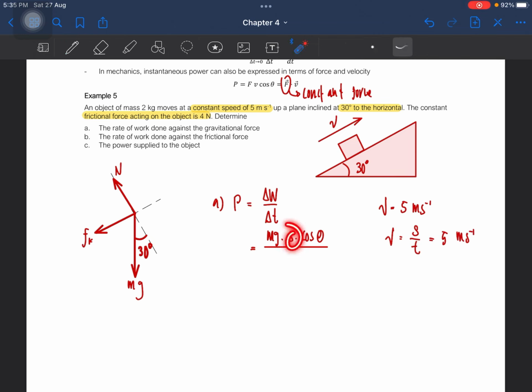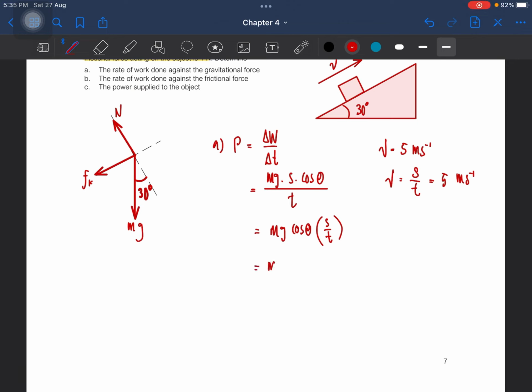So what we can do is extract that S over T. So we can let that equal V. Wow, smart. We are smart, everybody.